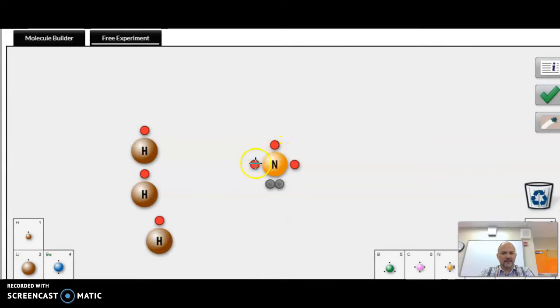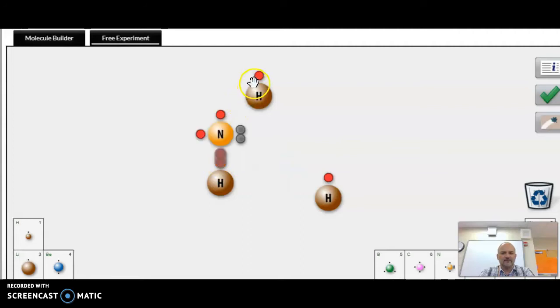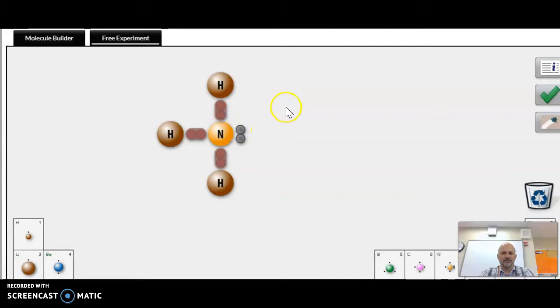You can see that the N has 5 dots around it, and 3 of those are bonding electrons. The H's each have 1 dot around them, so each of those are bonding electrons. So I'm going to bond those together and make this NH3 molecule. Notice these bonds are made when the electrons get shared between them. So that's an NH3 molecule.